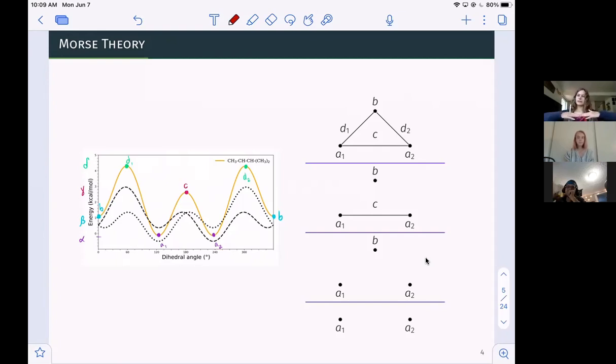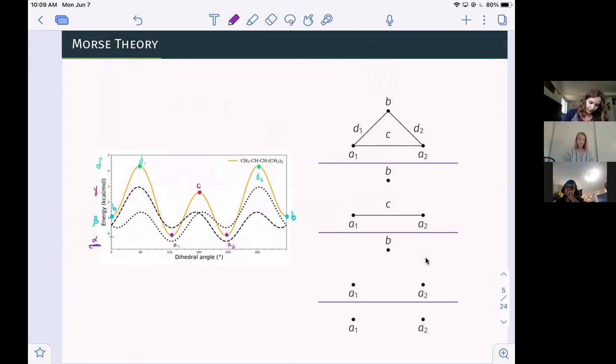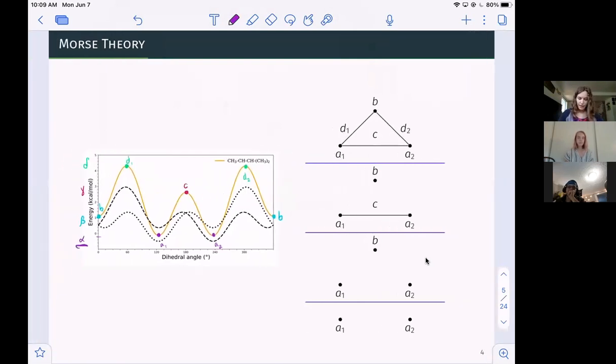So we talked about how as we slide this horizontal bar, we have things that are born and things that die. So in this case, let's start again at the bottom and see what happens. As soon as we hit value alpha, which is right here, then we have 2 points that are born, A1 and A2. So those can be seen right here.